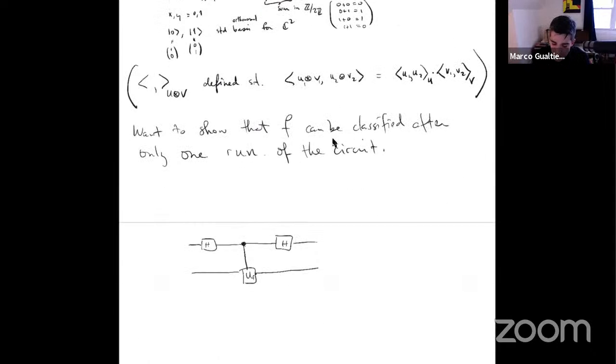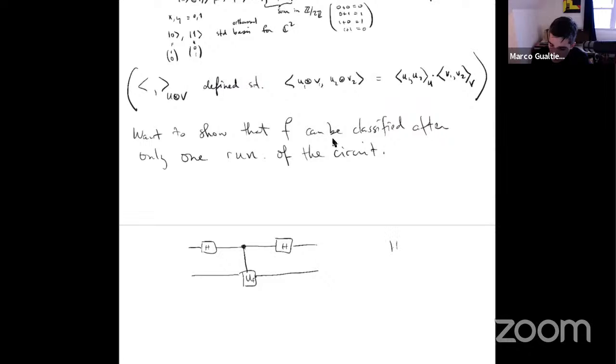Well, that's the reason why this Hadamard is here, because you see how Hadamard works. It takes a normal input, like a classical input. Let's say if I feed it 0 here, then 0 would be sent to 1 over square root 2 times 0 plus 1. So the purpose of this Hadamard is that it takes a state which is an eigenstate of the observable, which tells you whether it's on or off, and it creates a linear combination.